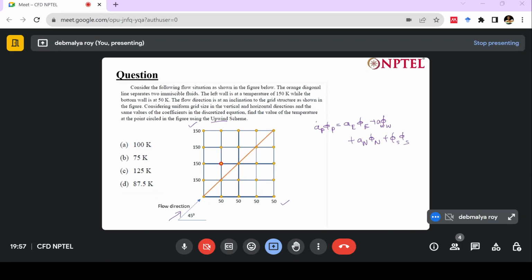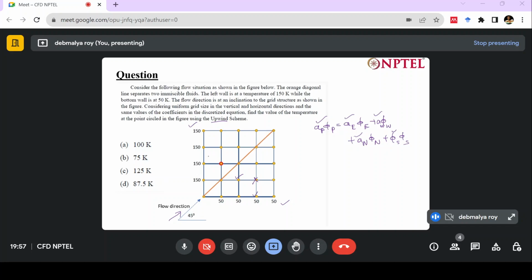All these coefficients are first equal. But in this case, only two of the directions will be important because our flow direction is this way. So let's suppose for this particular point, only these 2 points are of importance. The other points are of no importance.